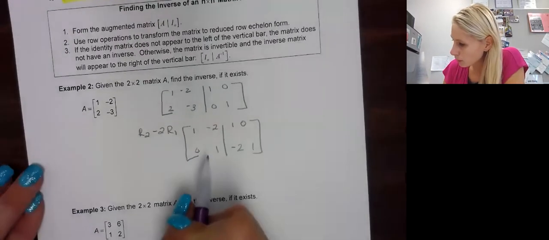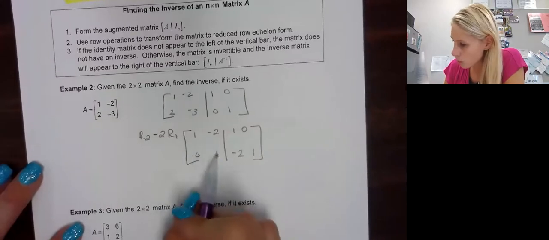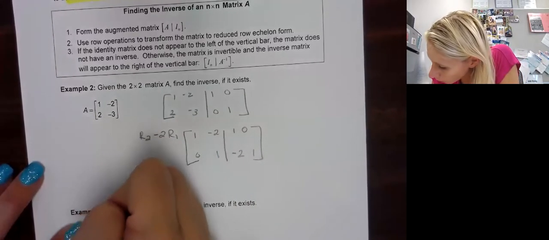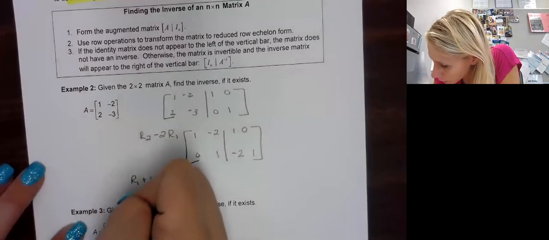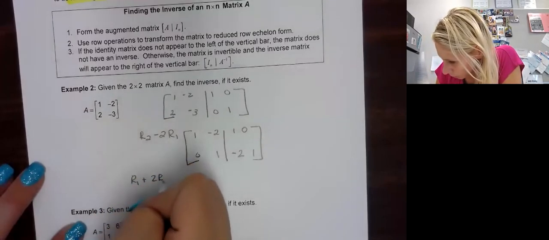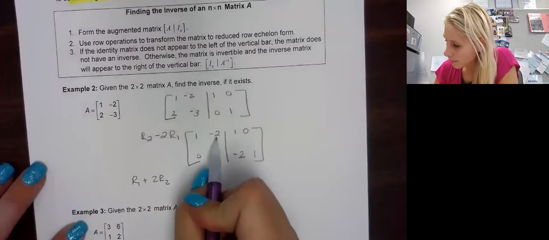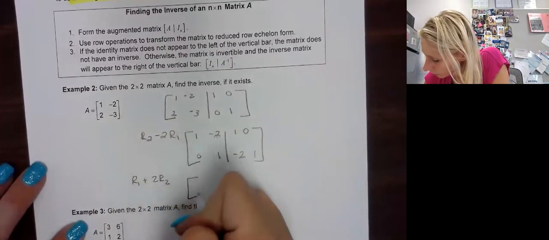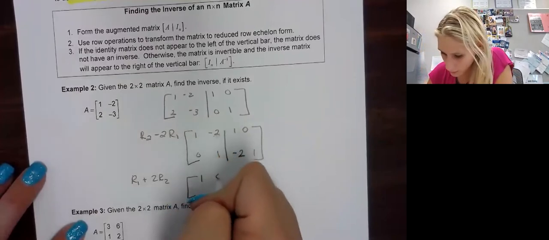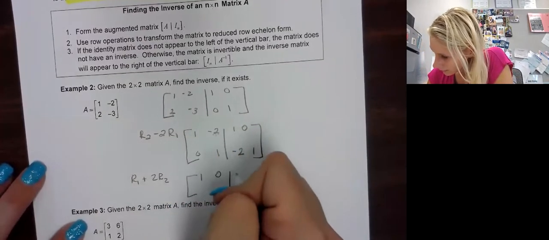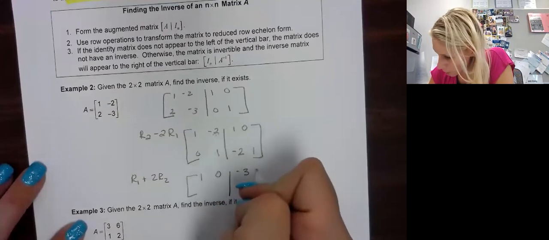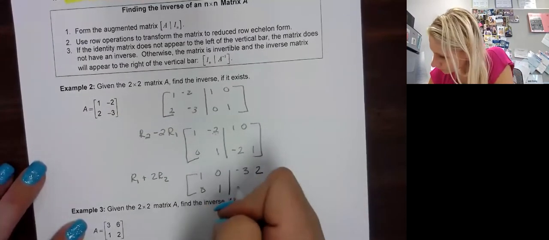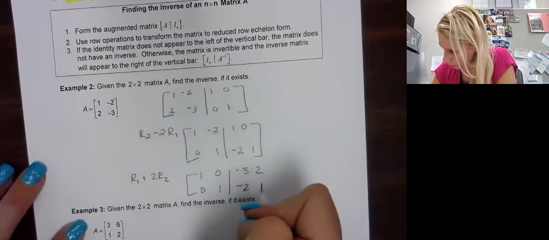Then we have our 1 here, and now we want 0 above it. So we're going to have row 1 plus 2 row 2, because that makes that 0 right there. What we end up getting is 1, 0, negative 3, 2, and 0, 1, negative 2, 1.